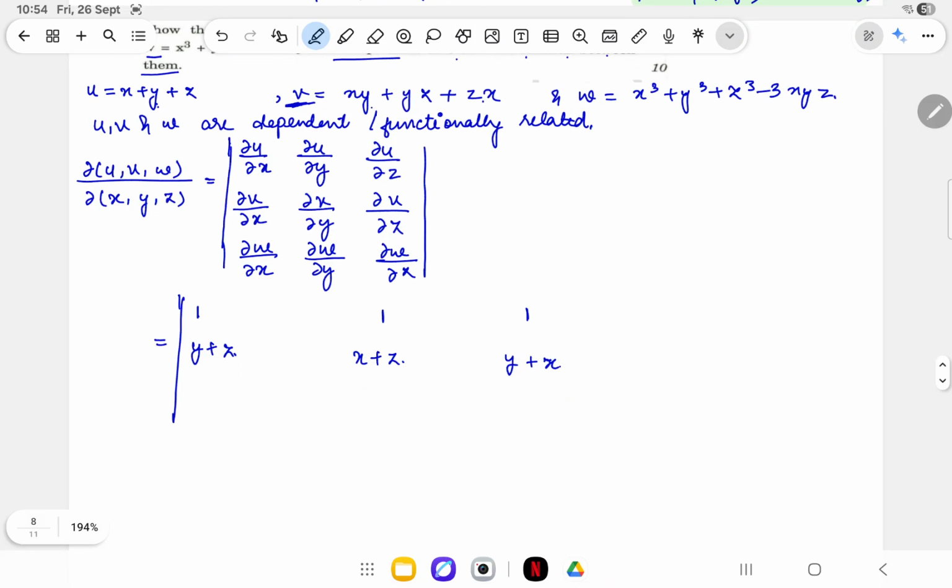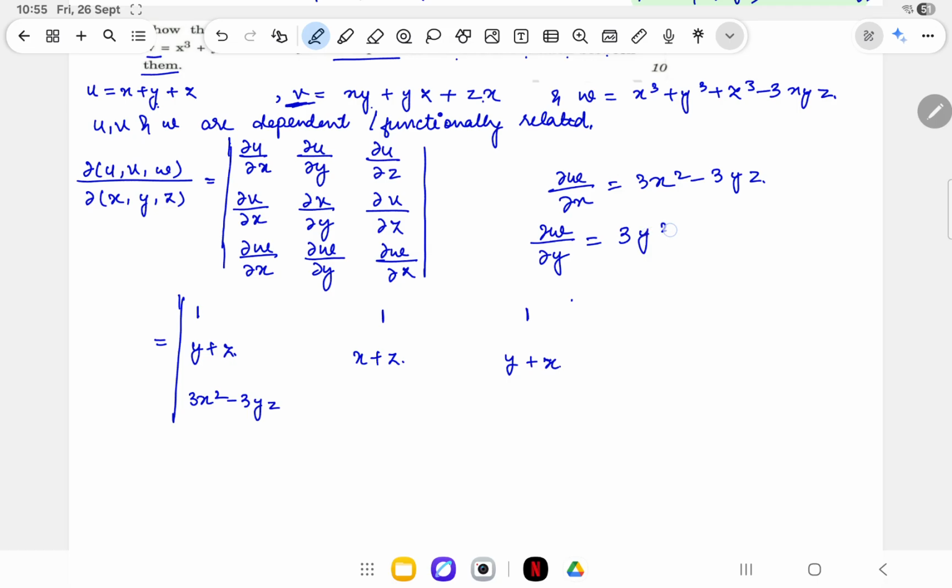Now let's take the partial derivative of w with respect to x: del w by del x will be 3x square minus 3yz, and the partial derivative of w with respect to y will be 3y square minus 3xz, and the partial derivative of w with respect to z will be 3z square minus 3xy.